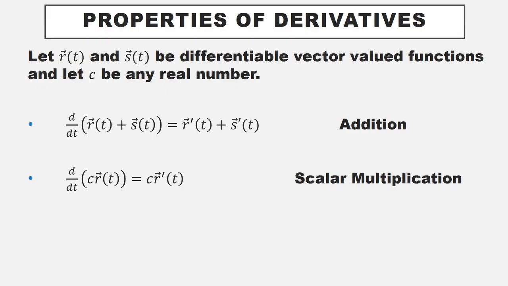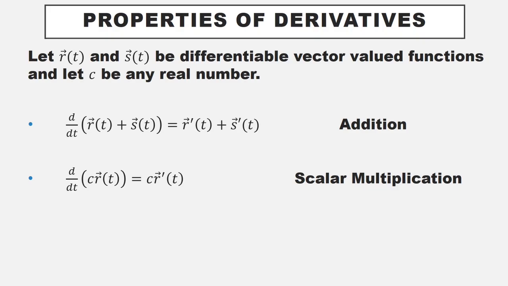The same is true for scalar multiplication. If I take some scalar times my vector valued function and then take the derivative, it's going to be the same as taking the scalar times the derivative of the function.